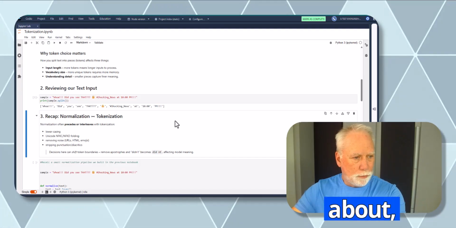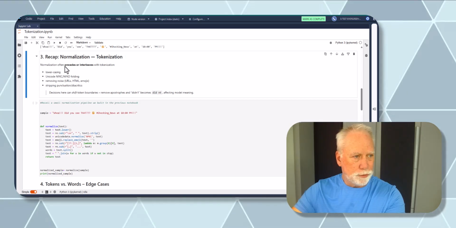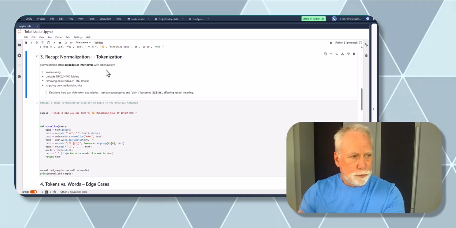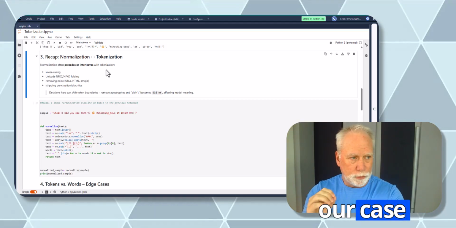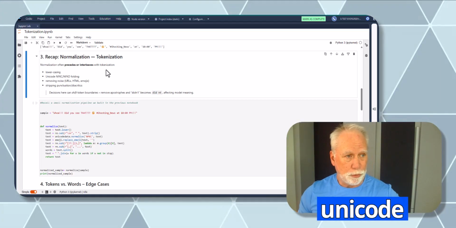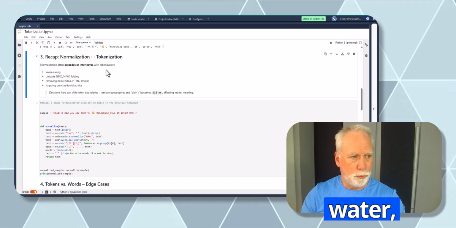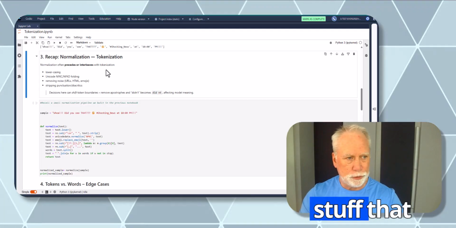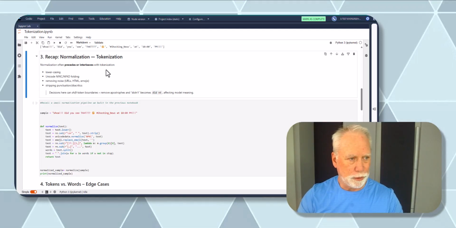Let's talk about a short recap on normalization and tokenization. Normalization often precedes or interleaves with tokenization. Basically that's lowercasing, maybe some Unicode transformation. We want to remove any noise like URLs, HTML, and emojis, stuff that doesn't really give us any semantic meaning.